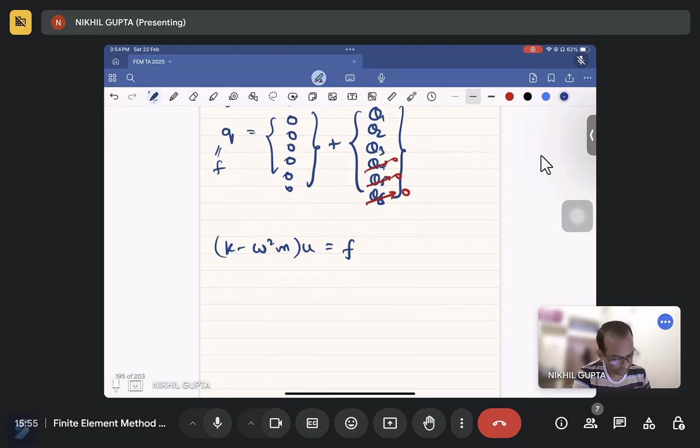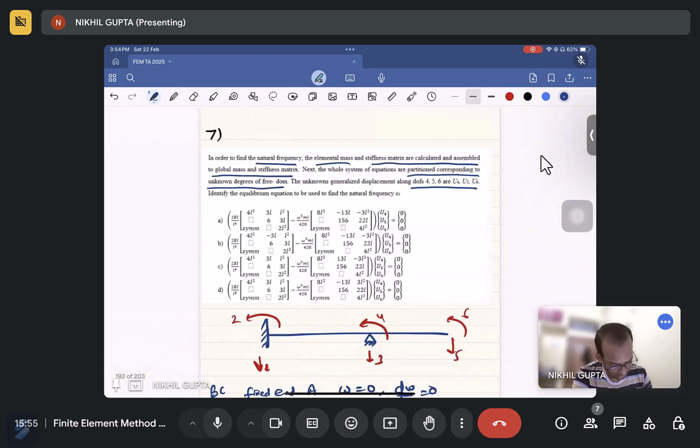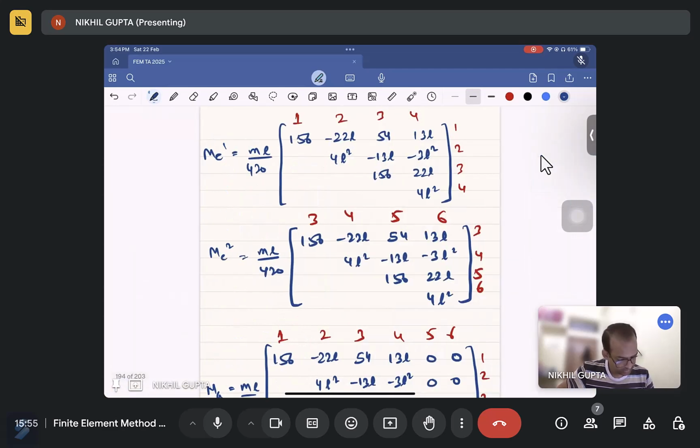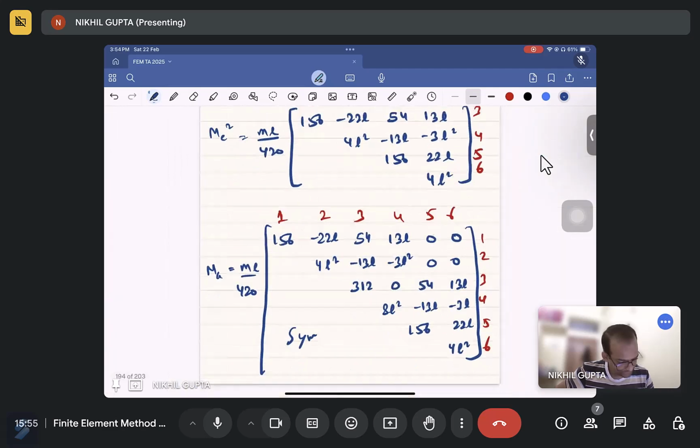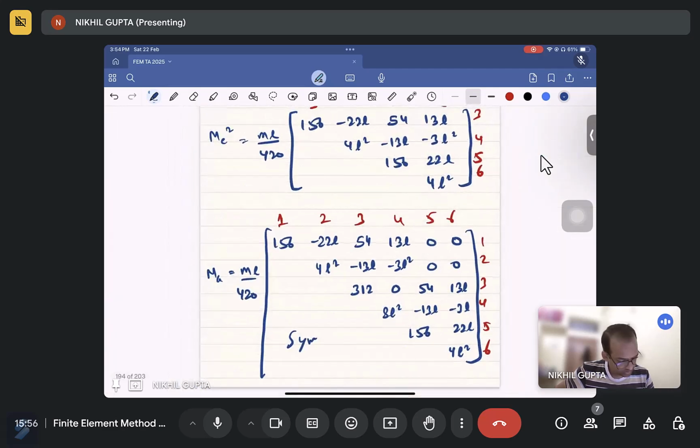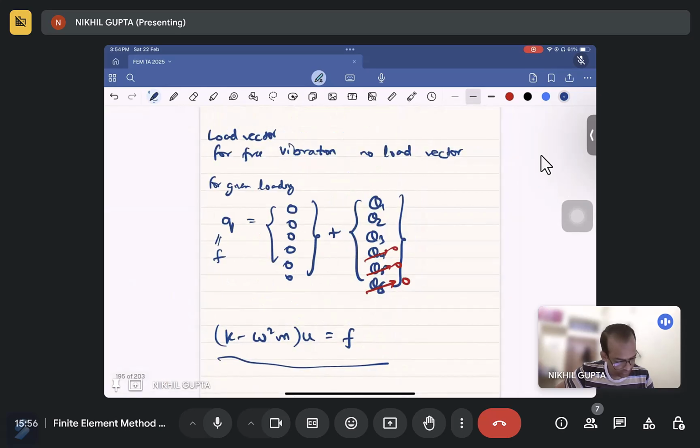So let's see how the results are coming. Okay, so it is asking us to get the reduced stiffness matrix. So the deflections are u4, u5 and u6. When you write this matrix, what will you get here? Okay, so you have u4, u5 and u6.